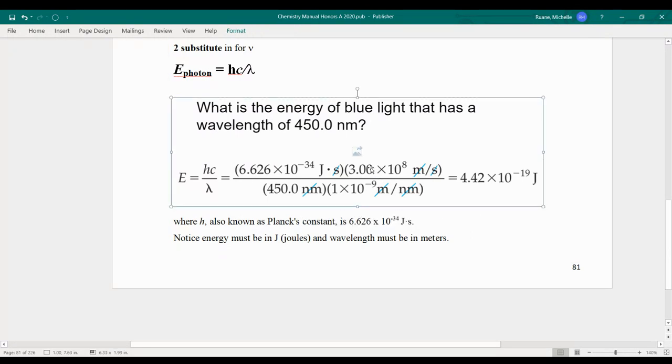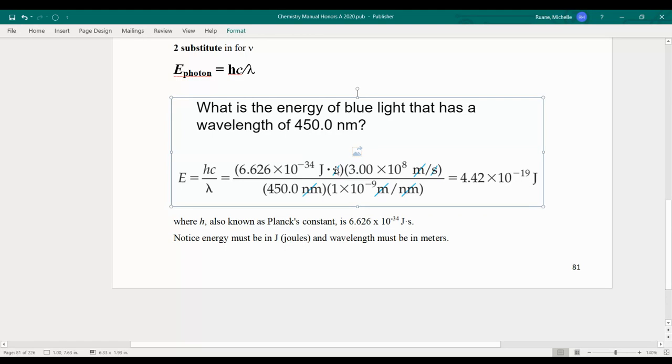So here is a problem. What is the energy of a blue light that has a wavelength of 450 nanometers? So here's our equation. We plugged in these numbers, and you may notice down here we have 1 times 10 to the negative ninth. Why is that? Well, if you look at our units, our energy is in joules.